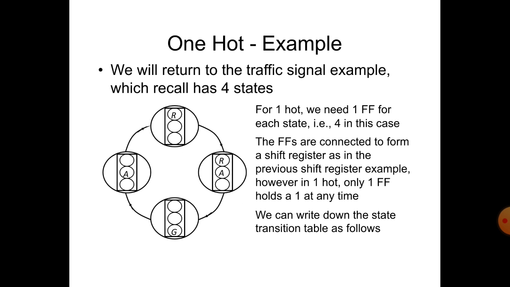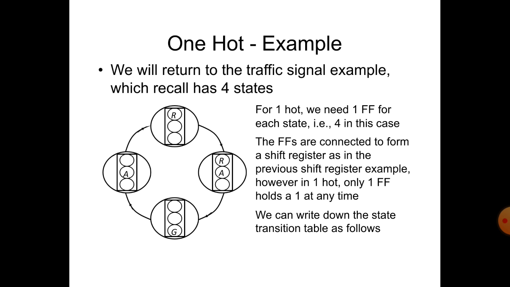However, in one-hot only one flip-flop holds a 1 at any time, and we can write down the state transition table as follows. We return to the traffic signal example.